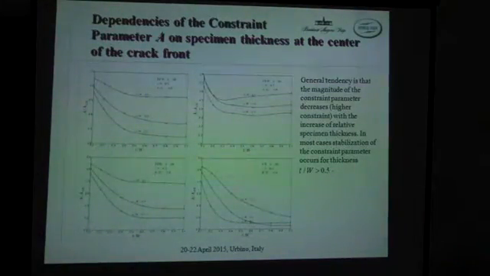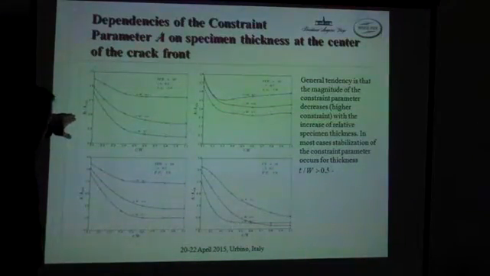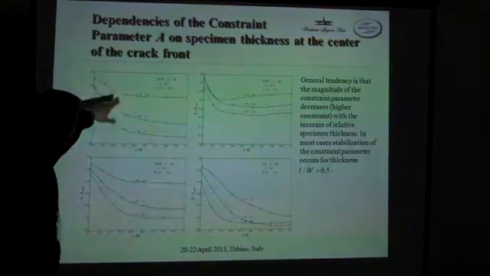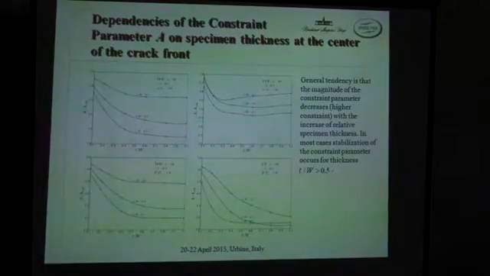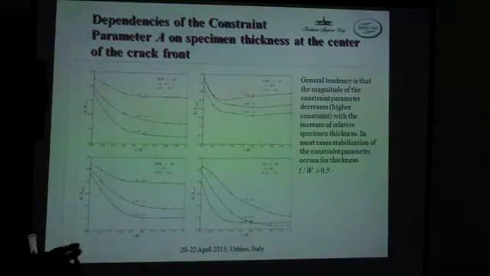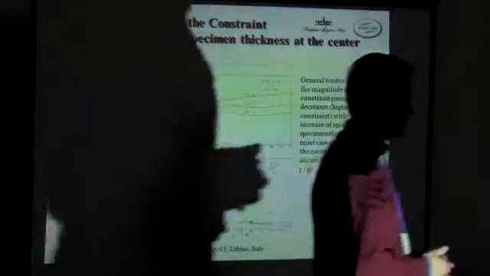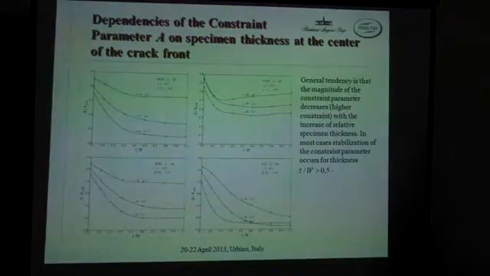And it should be noted that there is dependence of A parameter on crack aspect ratio. So crack aspect ratio as well as configuration of specimen and the type of loading has a strong influence on the constraint parameter A.